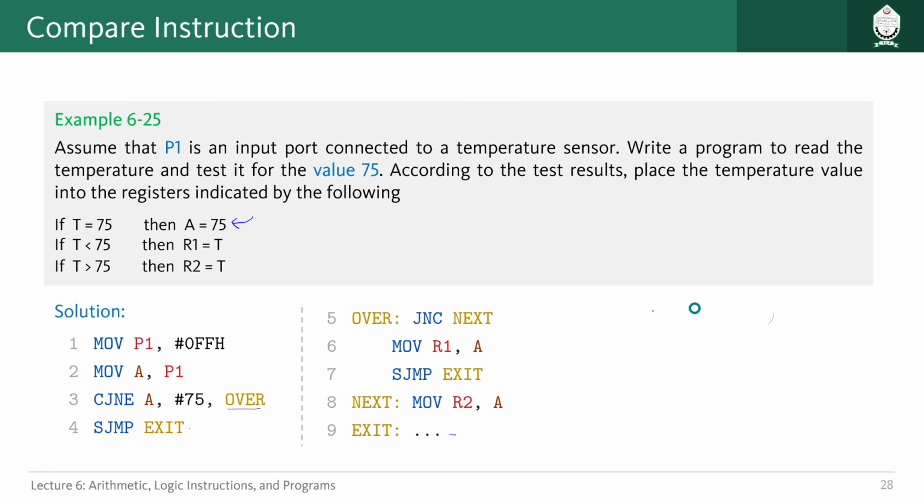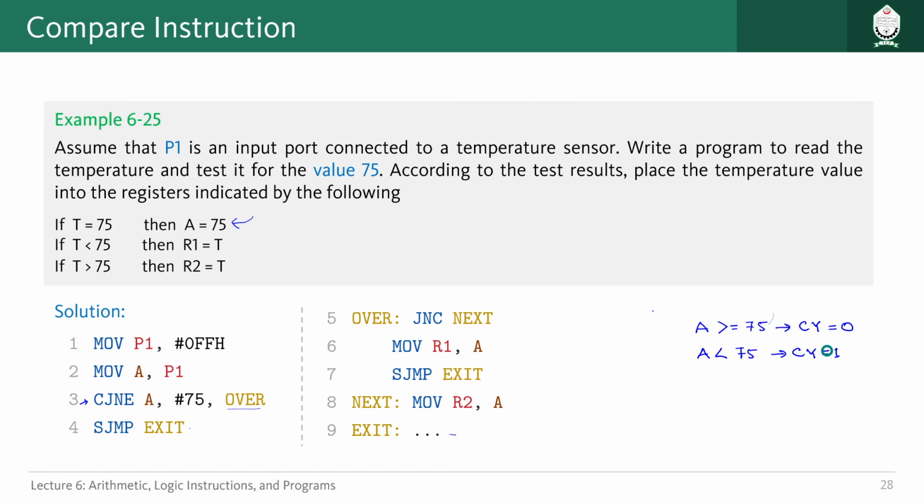So if register A is larger than or equal to 75 from here, then CY should be 0, and if A is less than 75, then CY should be 1, right?